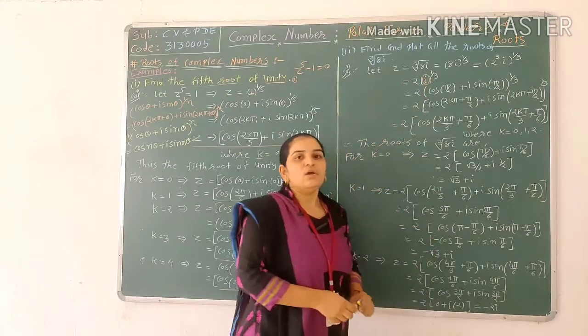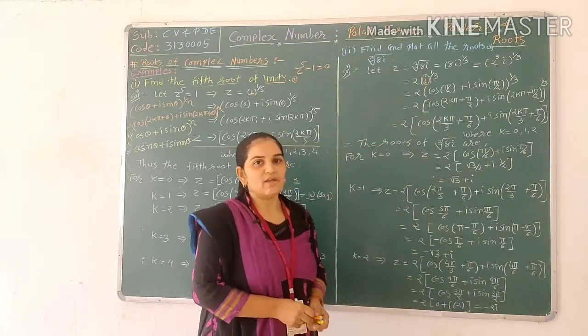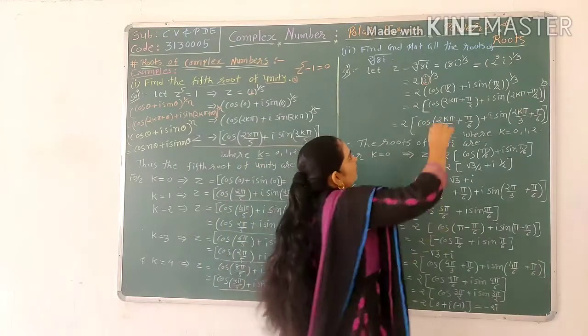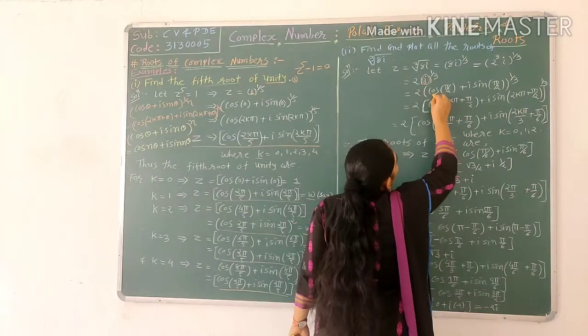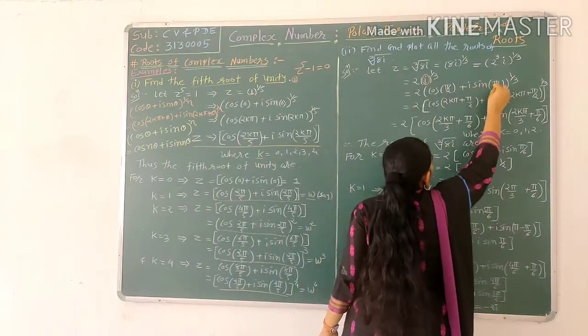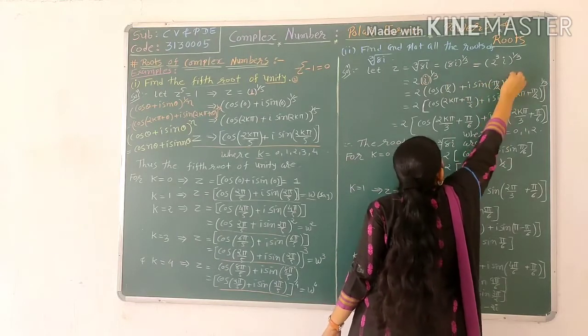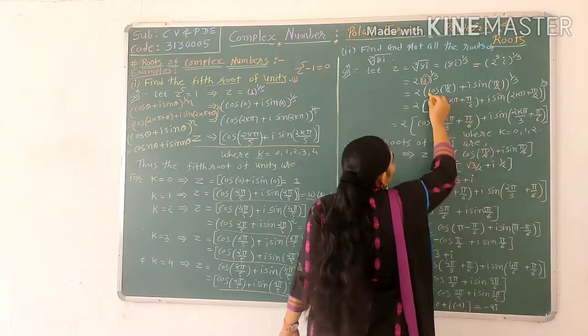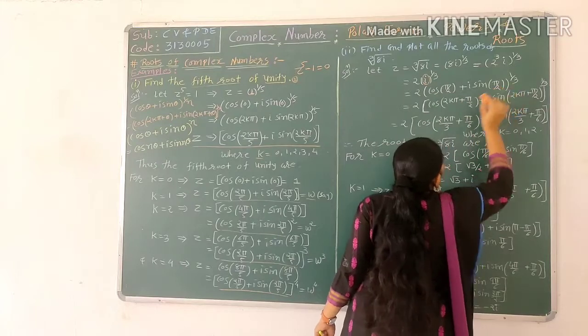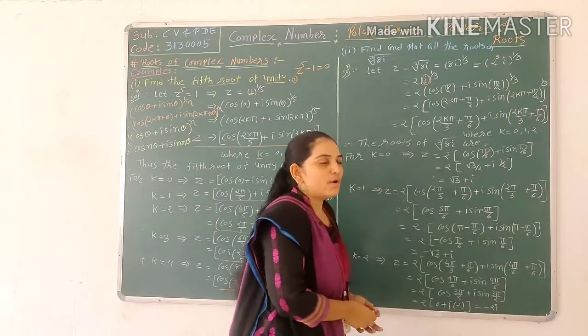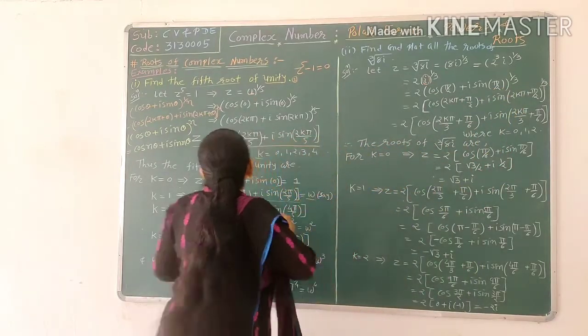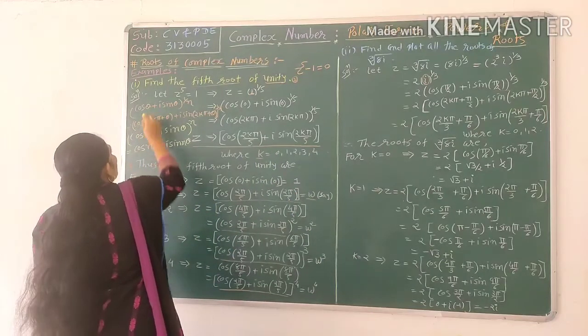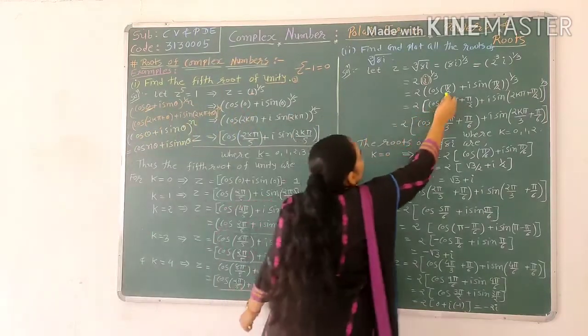Now, we know that cos pi by 2 is 0 and sin pi by 2 is 1. Therefore, 2 into (cos pi by 2 plus i sin pi by 2) whole raised to 1 by 3. Now, we have to put here the formula for roots of a complex number. Here theta is equal to pi by 2.